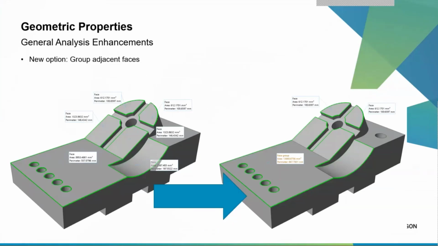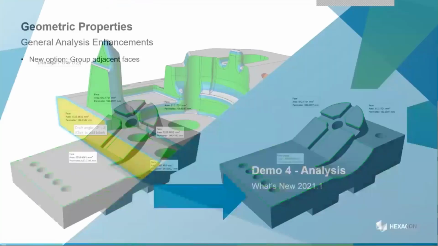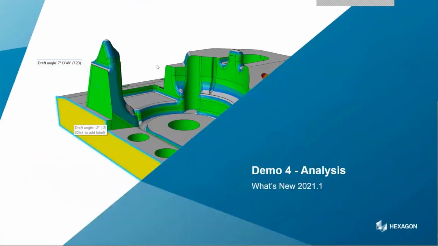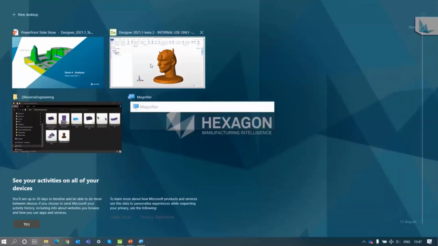And then a small enhancement to a regular analysis command, which is just available outside of the analysis module. So I think it just comes as standard on the essential license, is the option to group adjacent faces to get the correct and accurate areas of faces. So this is a nice small section.